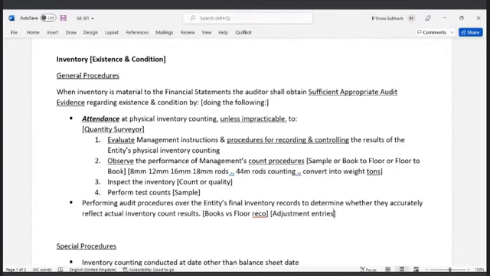Inventory adjustment entries are common in many industries. At the end of the month, there will be an inventory verification and inventory adjustment entries will be posted, and then the regular operations will start.